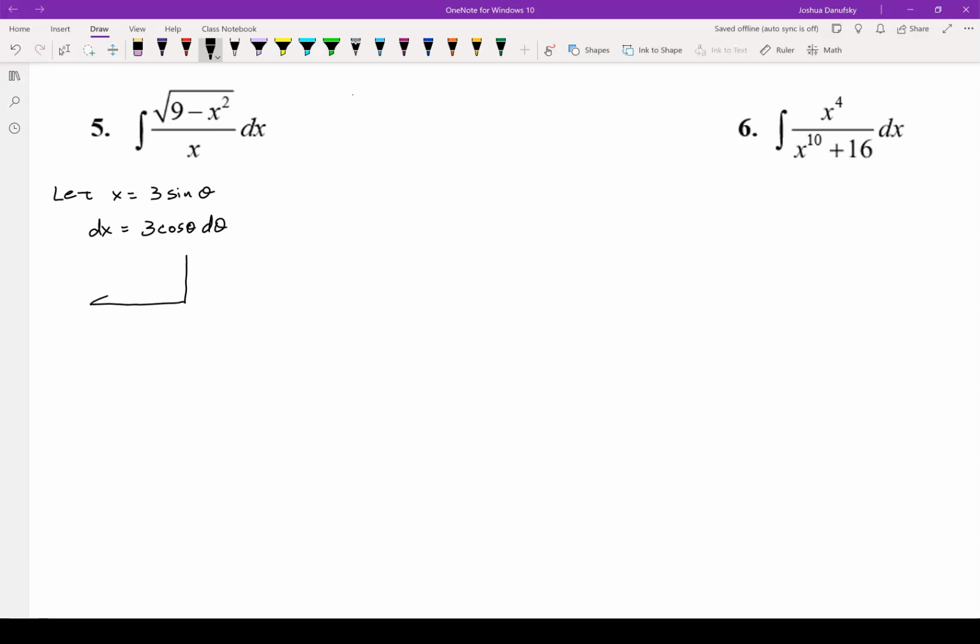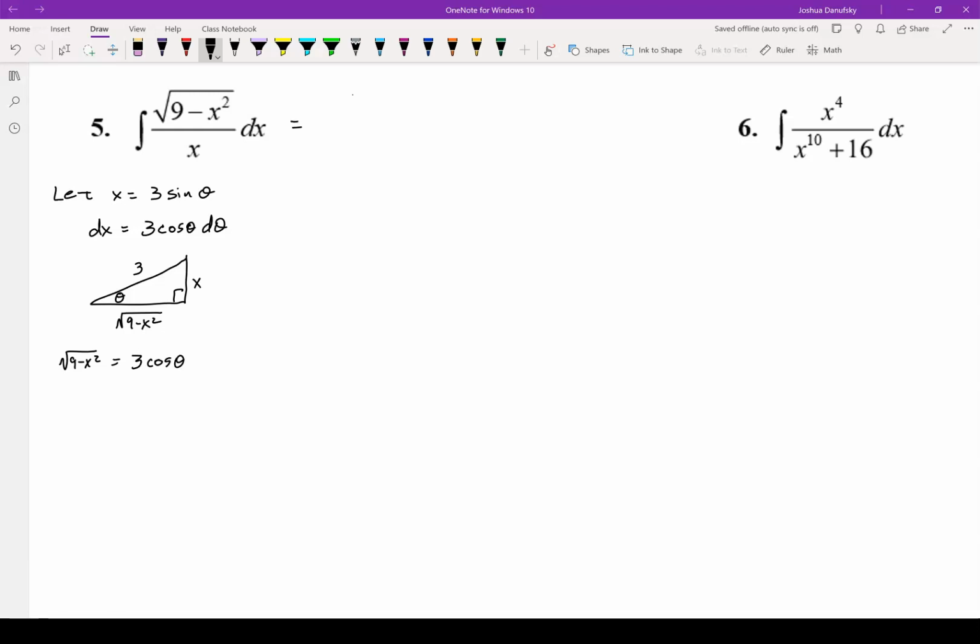Our triangle will look something like this, where we have theta here. And sine theta is x over 3, so we have x here, 3 here, and down here we have the square root of 9 minus x squared. The square root of 9 minus x squared is equal to 3 cosine theta.